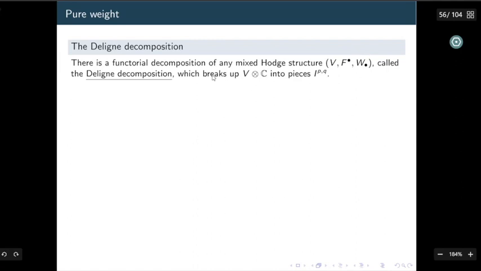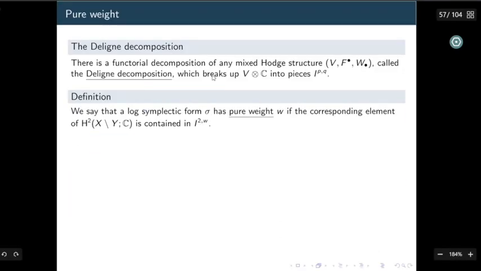Analogous to how you break up a pure Hodge structure into H^{p,q} pieces, you can break up any mixed Hodge structure into I^{p,q} pieces. As I said, this is functorial, but not in any way canonical. You can always do this, and it gives a nice way to study these things.